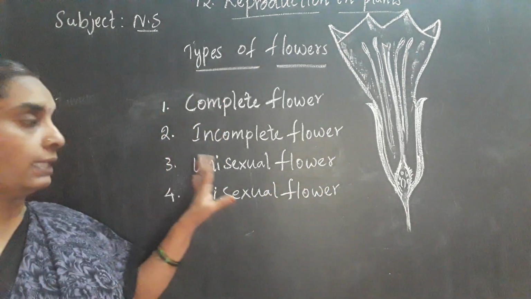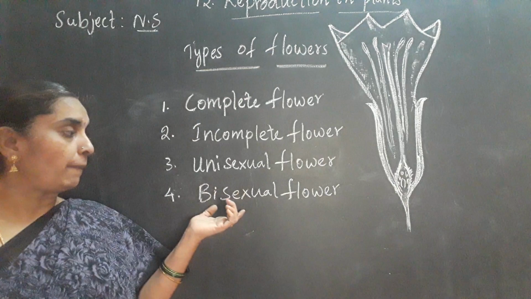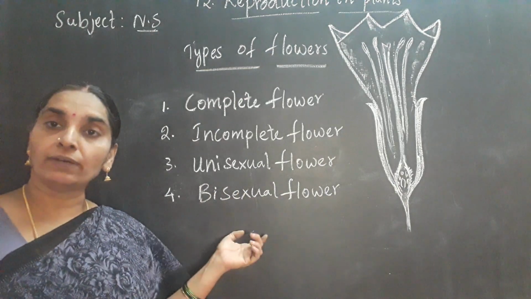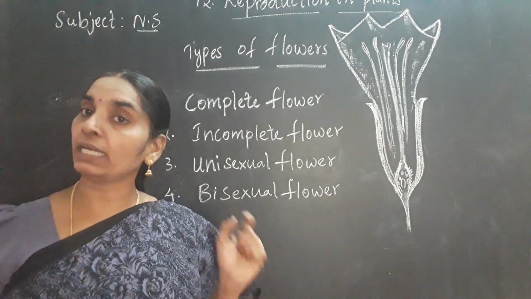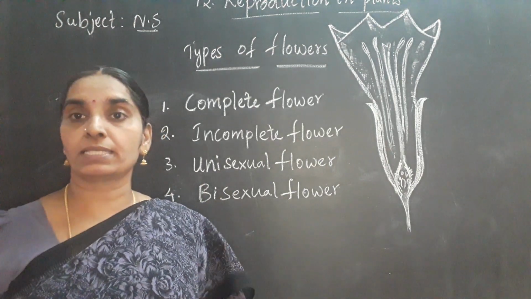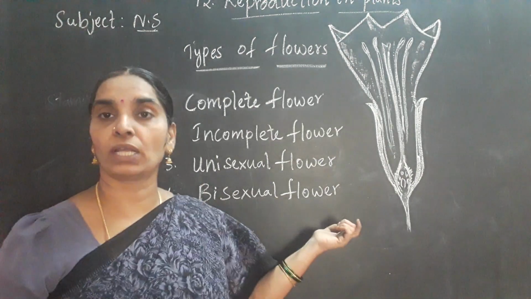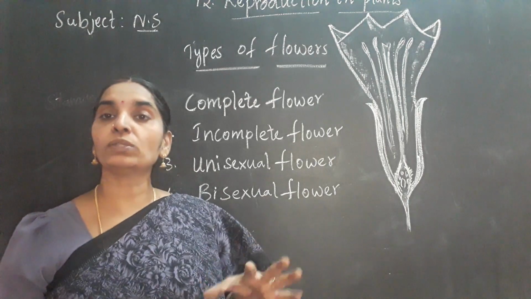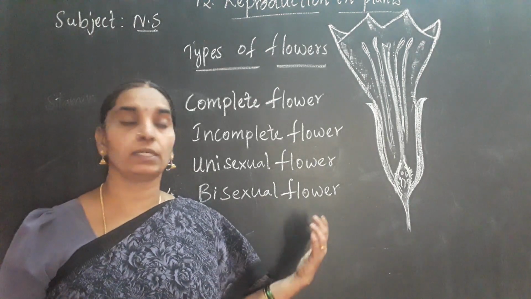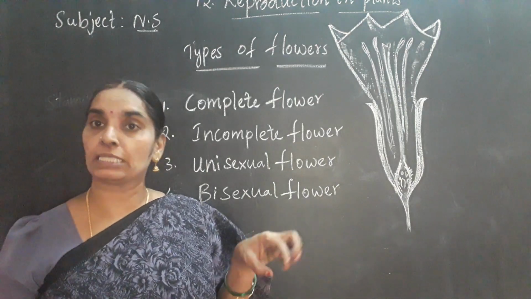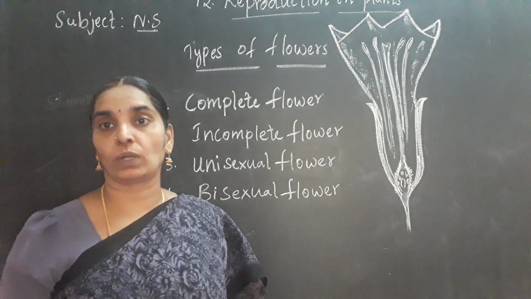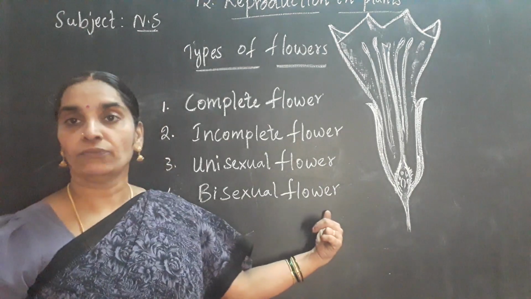In bisexual flower, a flower which consists of both androecium and gynoecium is called as bisexual flower. So both the sexual features, that is both the androecium and gynoecium, are present in the same flower.